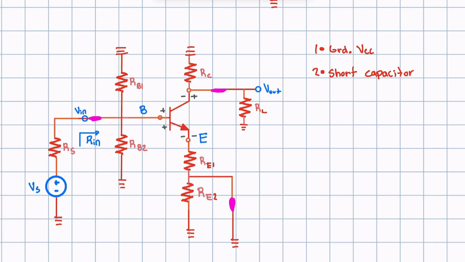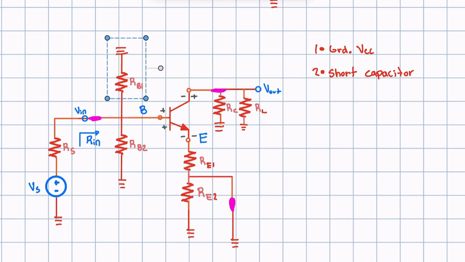Perfect. We're basically done. I like to move resistances around so that they are easier for us to understand. I'm going to move this RC down here. This doesn't change anything. Remember that.